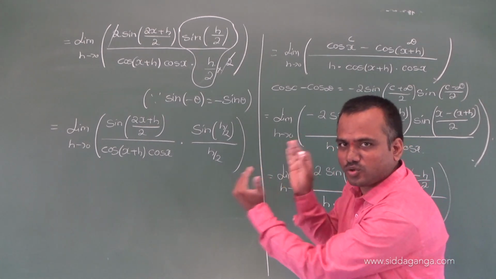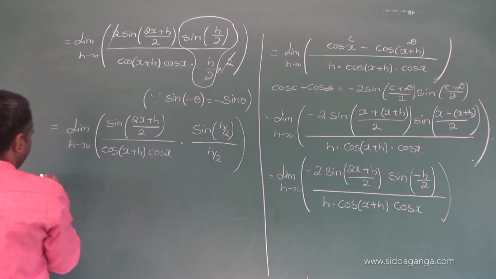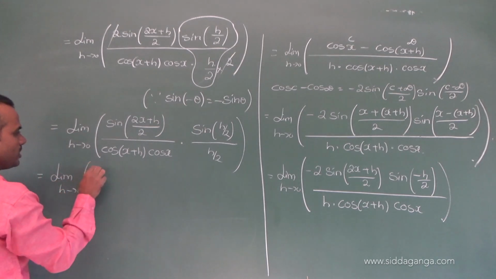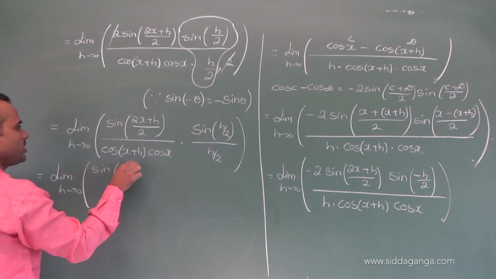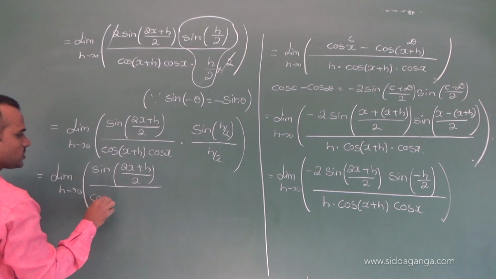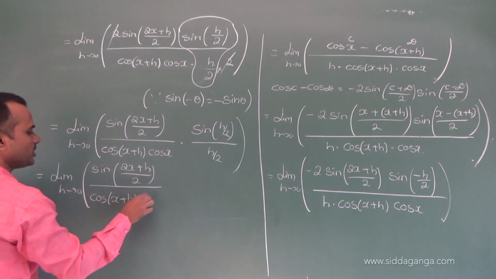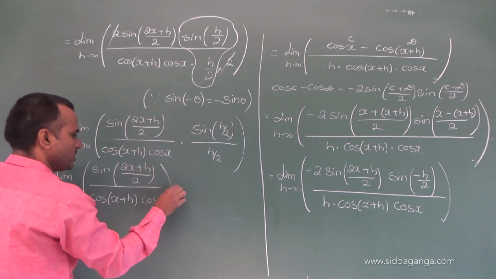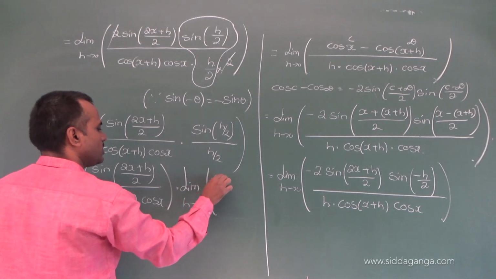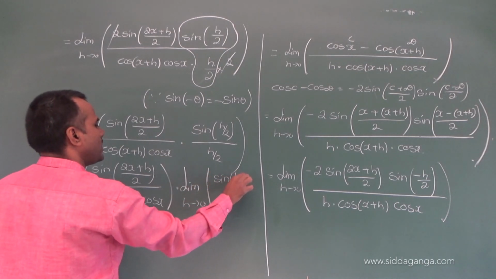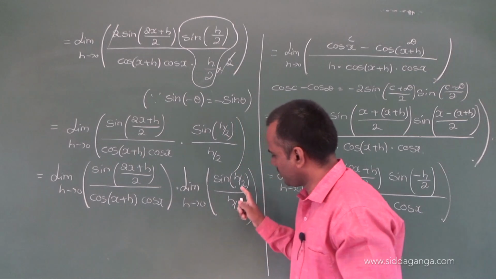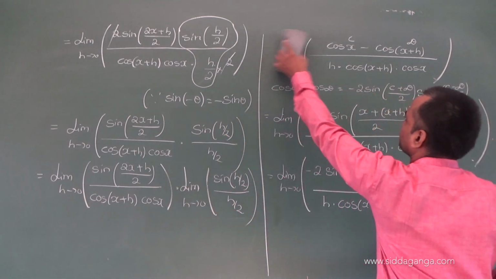Separate into two limits. One limit: h tends to 0, sine of 2x plus h by 2 over cos of x plus h into cos x. The other limit: h tends to 0, sine h by 2 divided by h by 2.